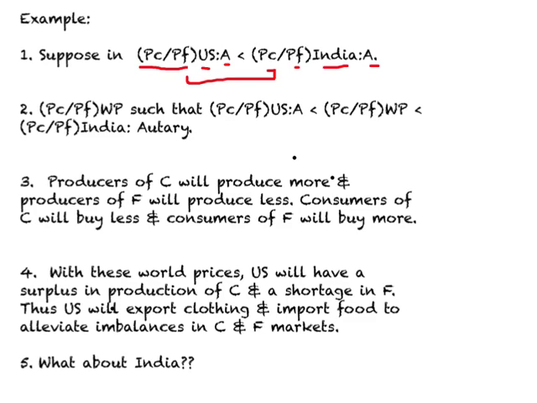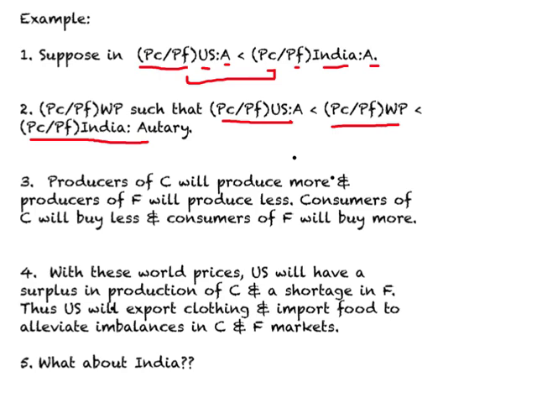Now given this, suppose we find a world price such that it lies between these two extreme relative prices. That is, this world price lies between the relative price of clothing in the US in autarky and the relative price of clothing in India in autarky.